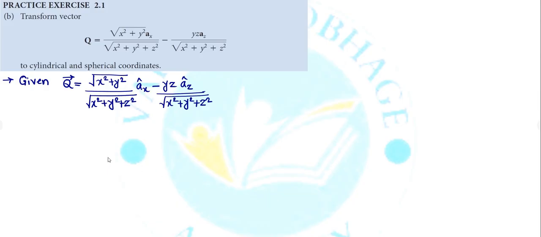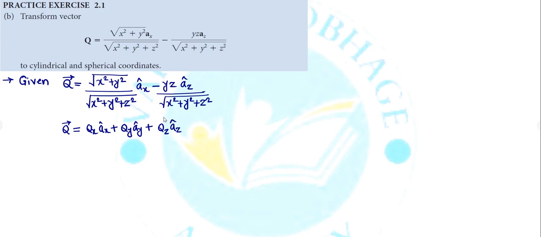So we have this given vector q in its Cartesian form, and we are going to rewrite that vector q in its standard form. So what is that standard form? That will be your given vector q having some component along x direction, then some component along y direction, and then some component along the z direction.